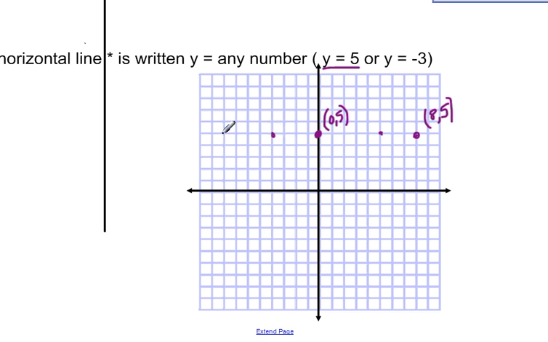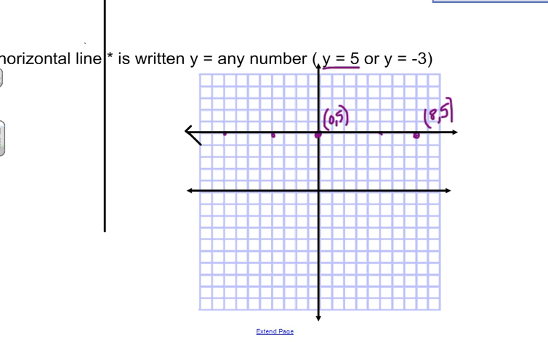And hopefully you can see that this is forming a straight line. So if I were to put a line through these points, this is what it would look like. I'll put an arrowhead at this other end as well. This is the graph of y equals 5. It created a horizontal line.